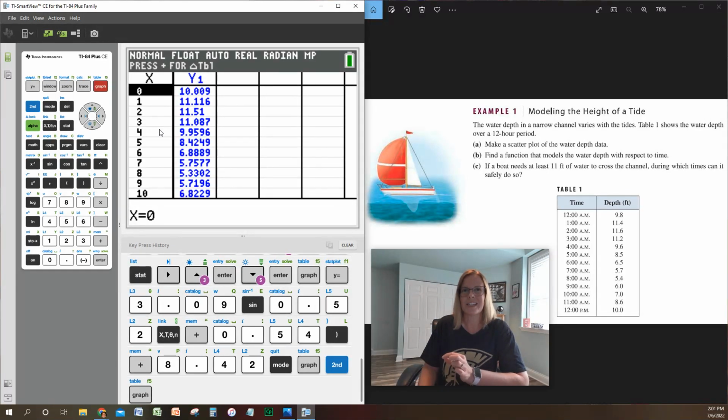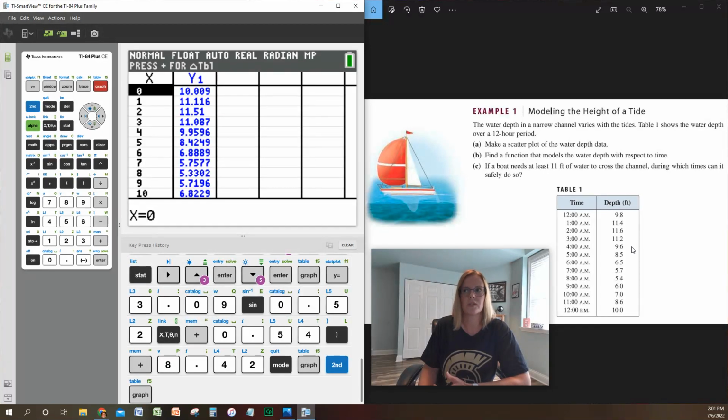So I want to know those exact times. Even if we look at our table in example 1, you can see that from hour 0 to 1 a.m., somewhere in between there, that's where the 11 feet of water is. Same thing for between 3 a.m. and 4 a.m. It goes from 11.2 to 9.6.